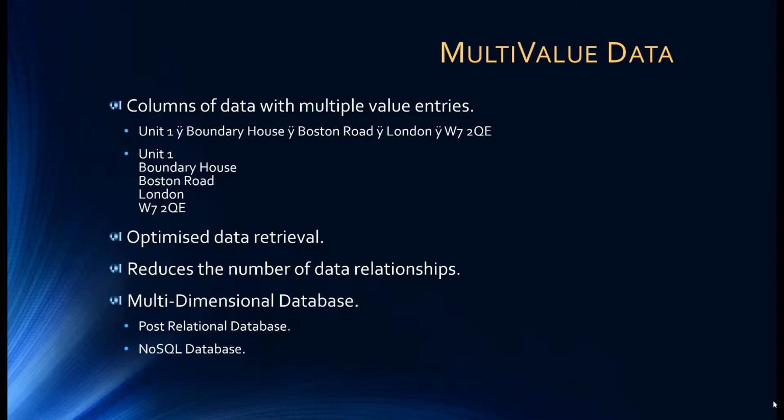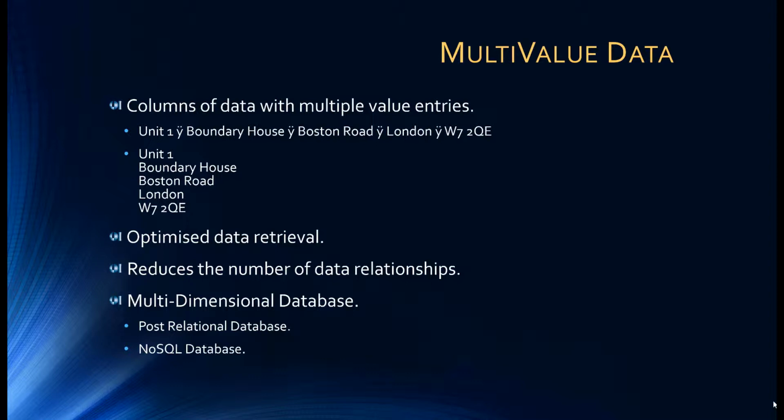Now, MultiValue has been around for quite some time, and it's more recently been referred to as a multi-dimensional database. But more importantly, it's also referred to as a post-relational database, because some of the attributes of the linear hash multi-value database structure suit modern applications much better than some of the relational databases do.